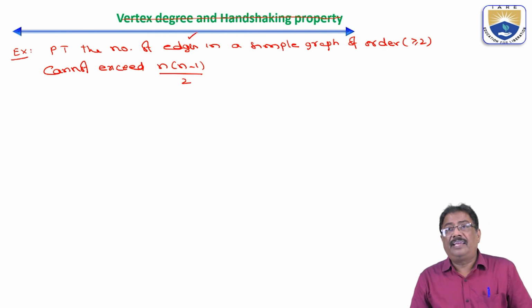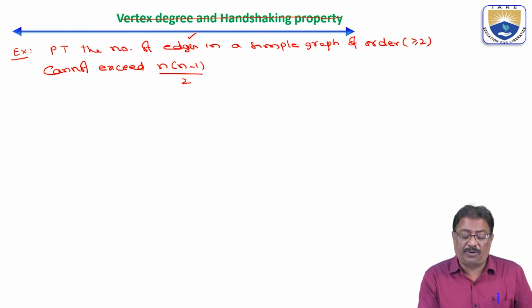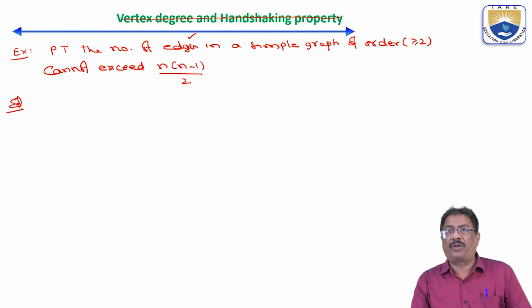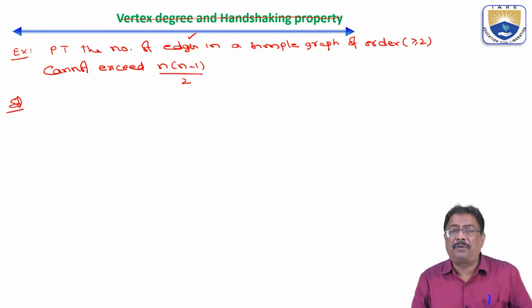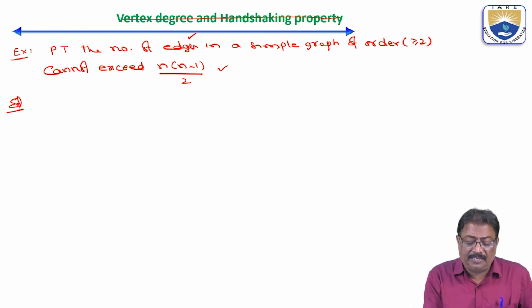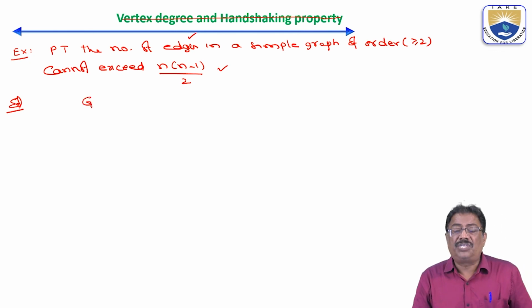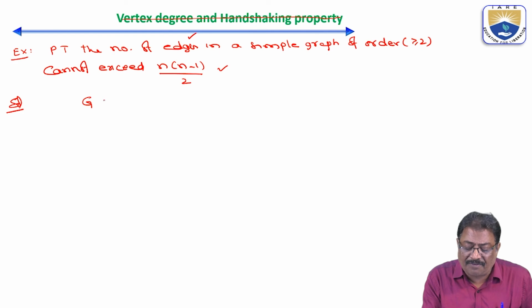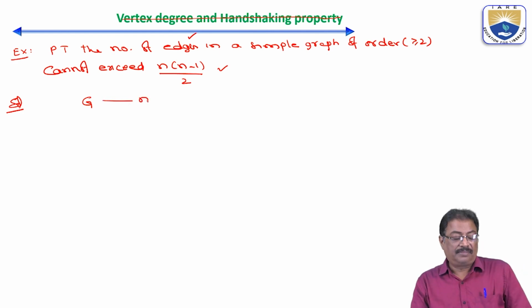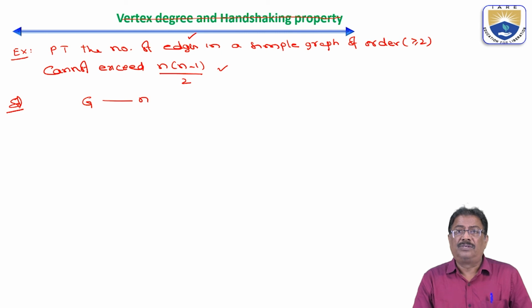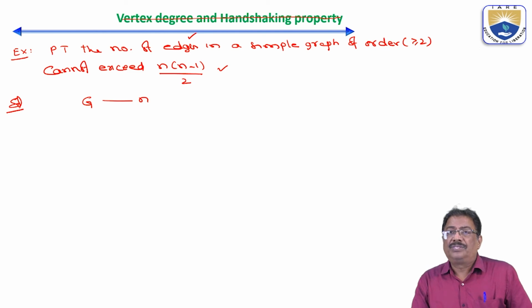So that means in any simple graph, the maximum number of edges is n into n minus 1 by 2. Let G be a simple graph. That means it has n number of vertices. In a simple graph there should not be any multiple edges, so if an edge is there, it should be between one pair of vertices.